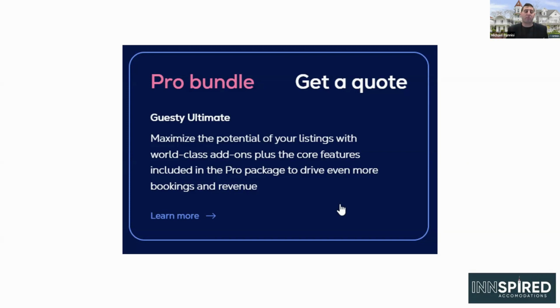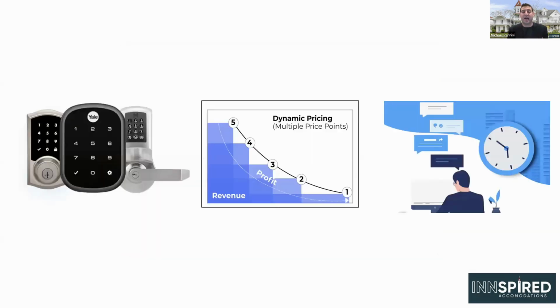When we bundled what we were using, the Guesty platform, GCS, the Guesty locks, and dynamic pricing with Guesty PriceOptimizer, we realized that we could save the money we were spending on the other programs and bring it all into Guesty. So it really was a no-brainer for us to switch over.